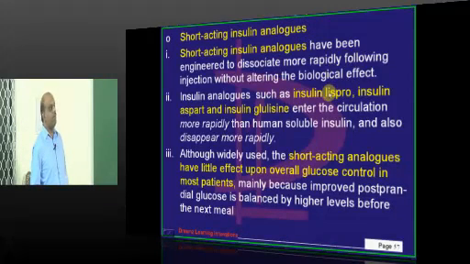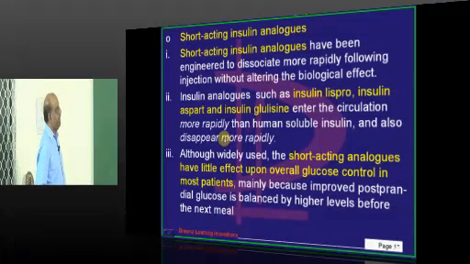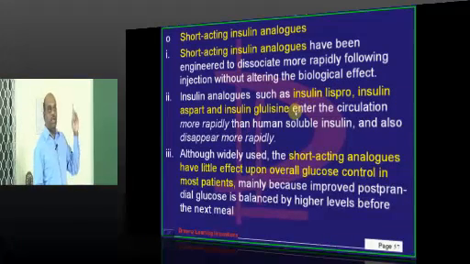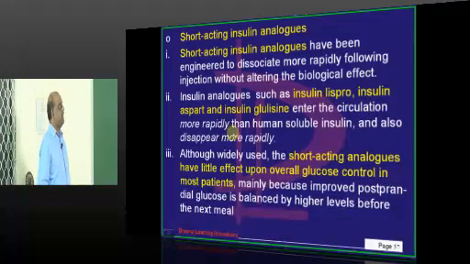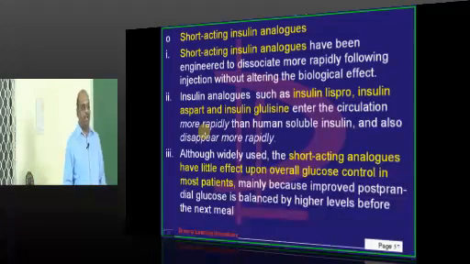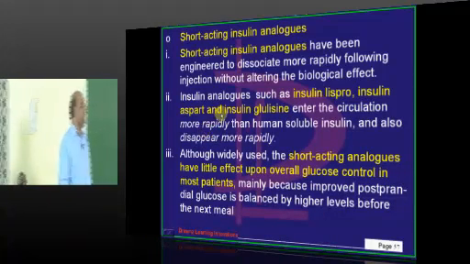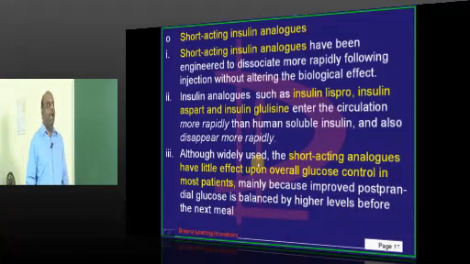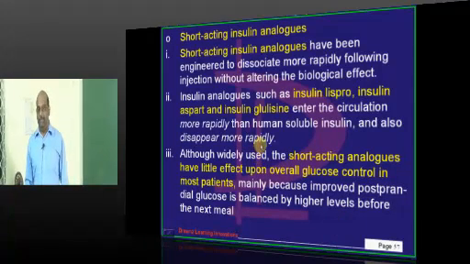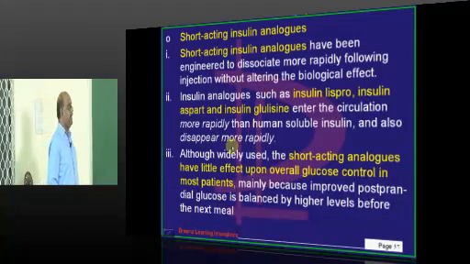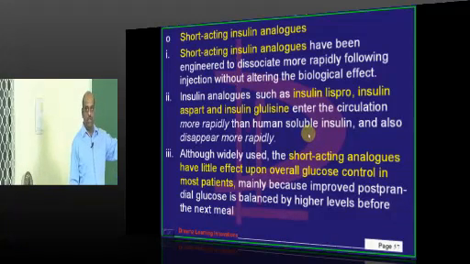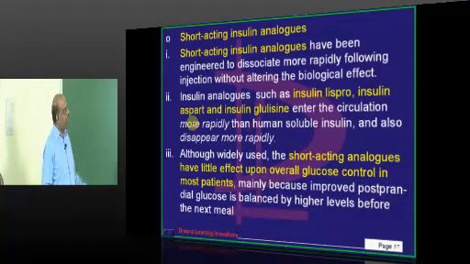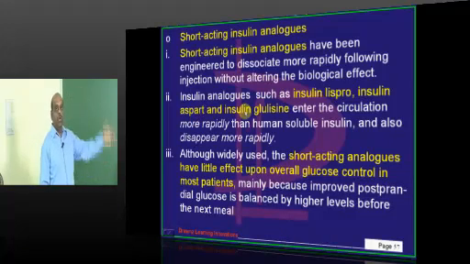We can overcome that by slightly engineering the molecule: insulin lispro, insulin aspart, insulin glulisine. These enter the circulation more rapidly than human soluble insulin, and they also disappear more rapidly. What are the short acting insulin analogs? Insulin lispro, insulin aspart, insulin glulisine.